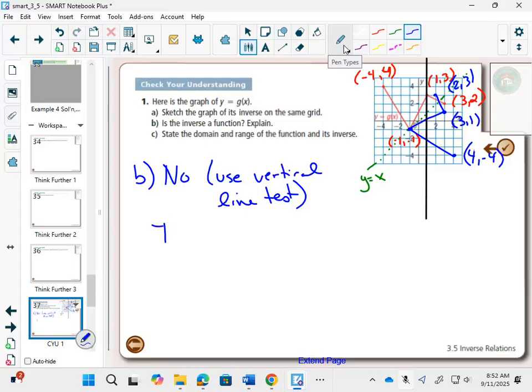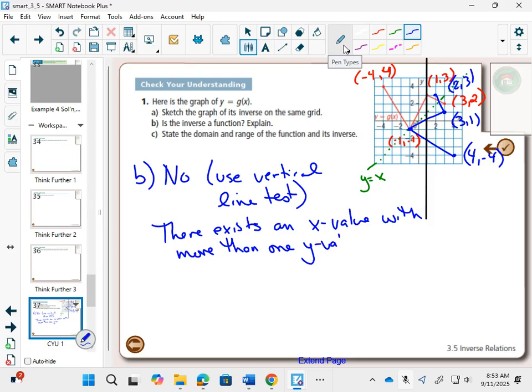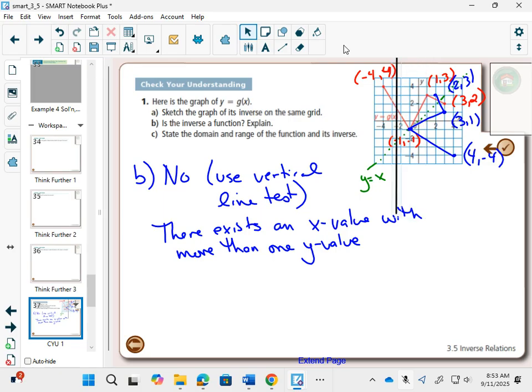So there exists an x value with more than one y value, right? As soon as it hits two things, the vertical line is just going through x values. It's just trying different x values. And as soon as you hit an x value that hits two y values, that makes it not a function anymore.